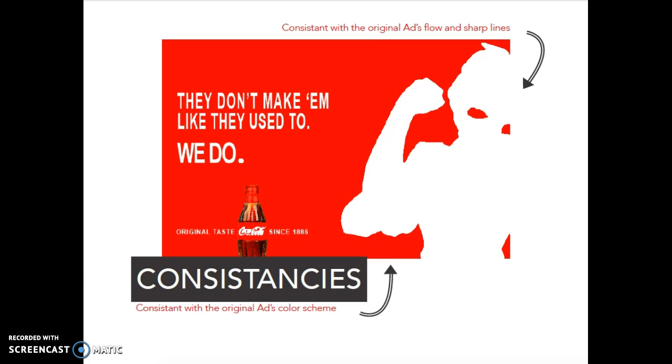Rosie the Riveter was also a distinct person, and she also brings that antique, older feel, but everyone knows and loves her. Her silhouette is very distinct as well, so that's why I chose her. She's known for strength and power, and that's something Coca-Cola likes to show within their advertisements.